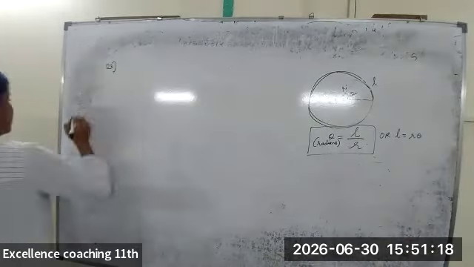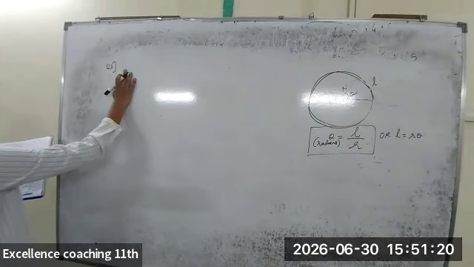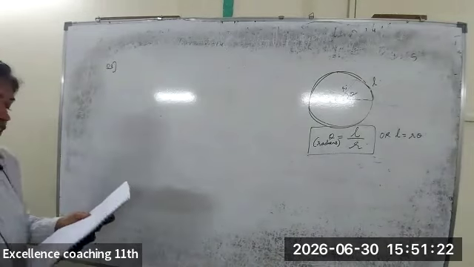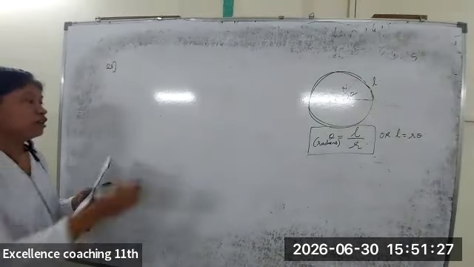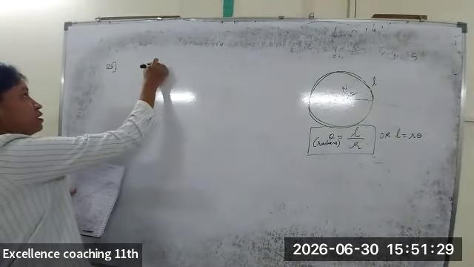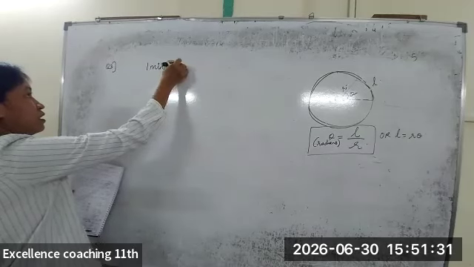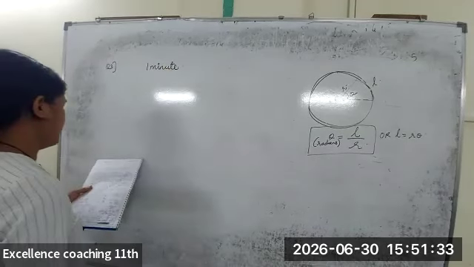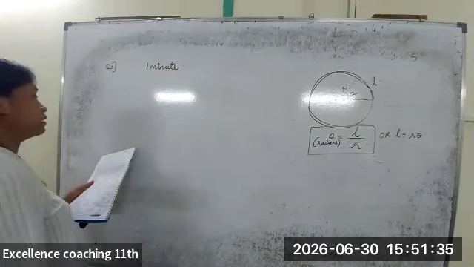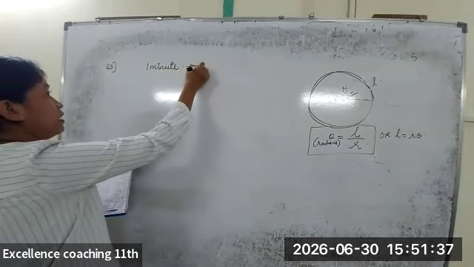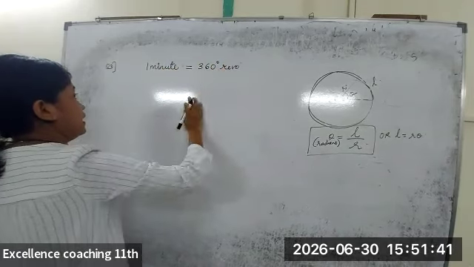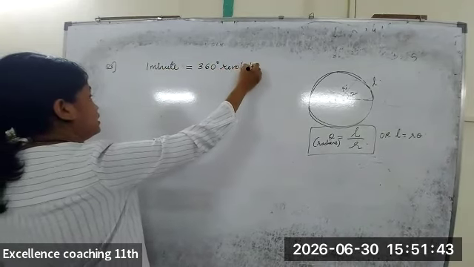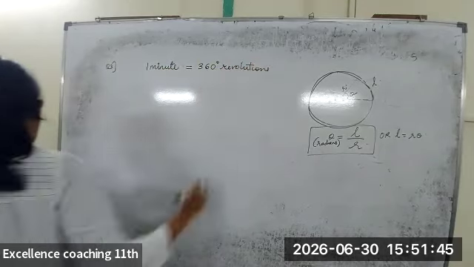The first one, question number 3: a wheel makes 360 revolutions in 1 minute. So they have given in 1 minute, it is making 360 revolutions.